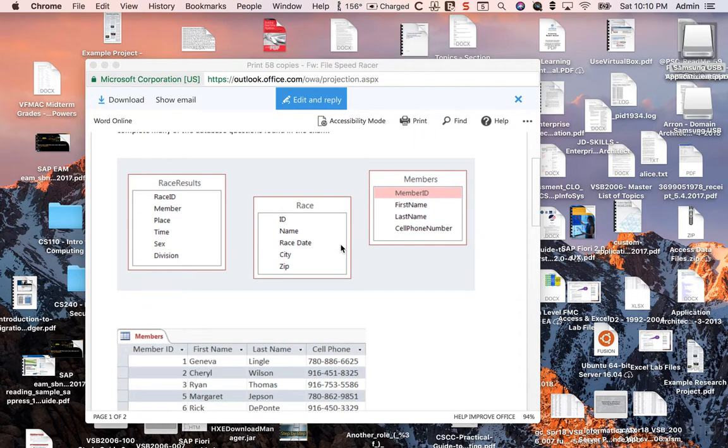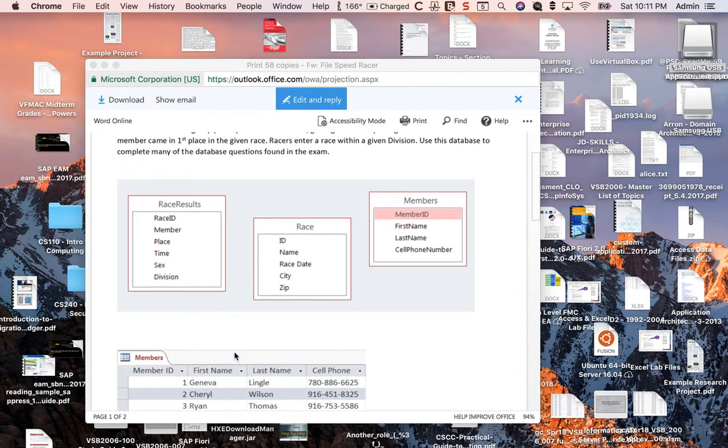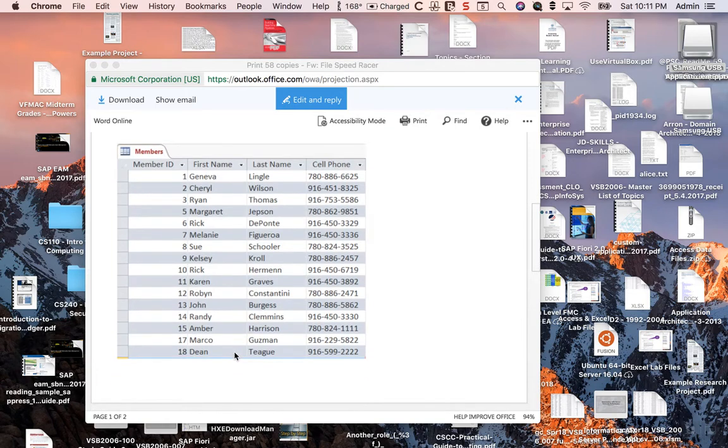Okay, so this is, as we see here, our tables: a race results database with three tables, a race table, a members table, and a race results table. Here's our detail. Members, 18 members are listed with first name, last name, and cell phone.